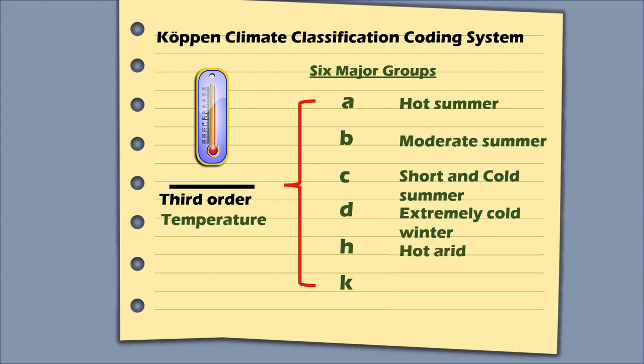It means hot and dry year-round with an average annual temperature greater than 18 degrees Celsius or 64 degrees Fahrenheit. Then there is the small alphabet k, which means cold arid. It has a cold and dry climate year-round, where the average annual temperature is less than 18 degrees Celsius or 64 degrees Fahrenheit.